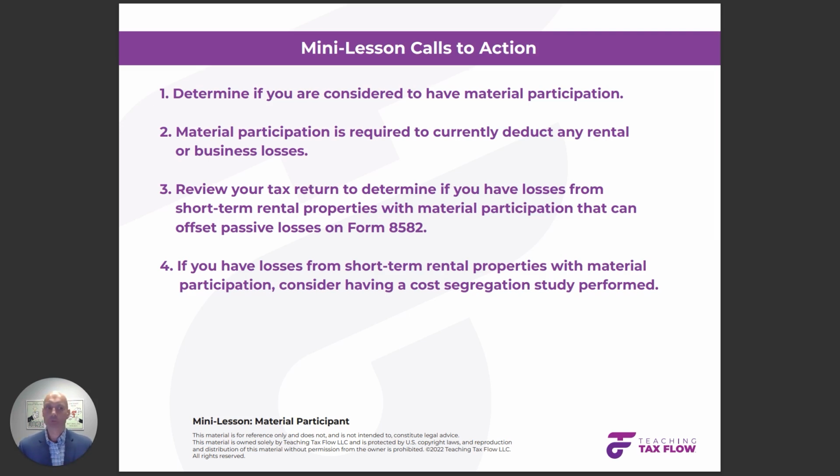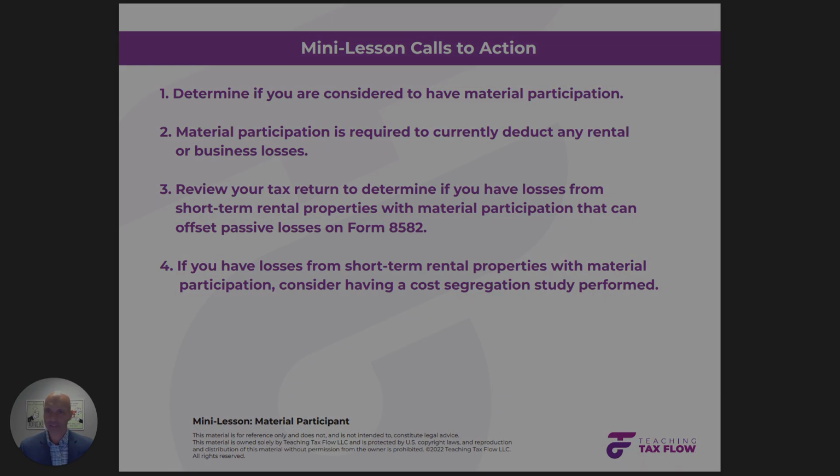That's number 2. Number 3, review your tax return, and if you have short-term rental properties with material participation, you might be able to offset some losses on 8582 if they're miscategorized. Or on number 4, you might want to consider performing a cost segregation study if you meet that short-term rental loophole. All right, thanks for watching and have a great rest of the day.